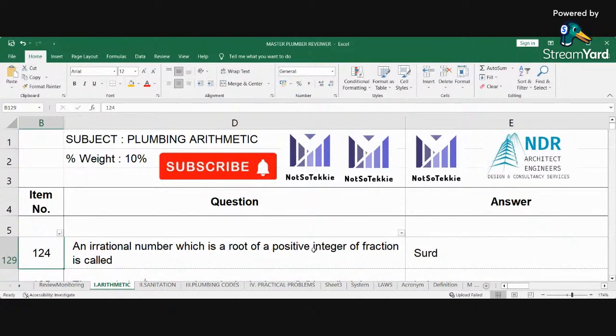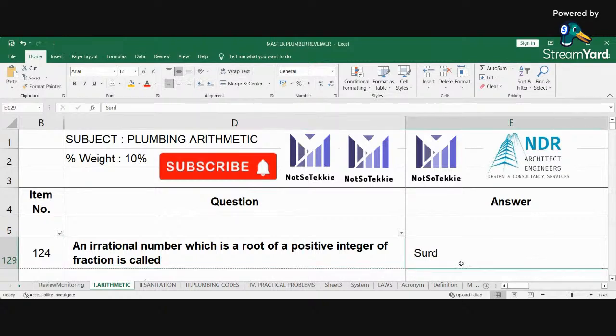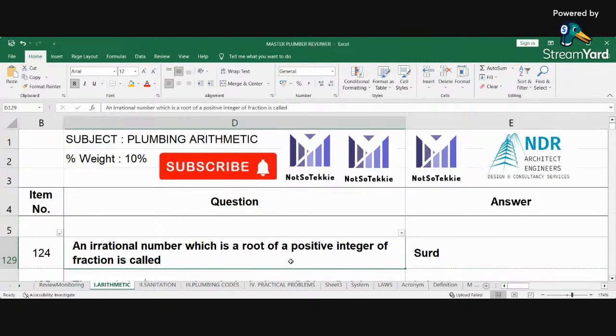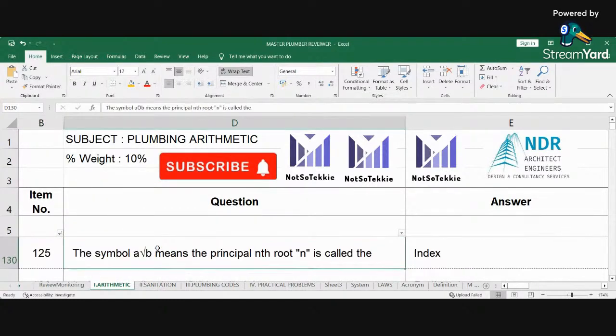124. An irrational number which is a root of a positive integer or fraction is called surd. 125.